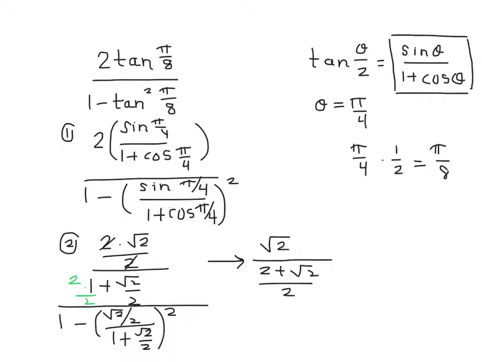There's my numerator, but I can take that a step further because I'm dividing by a fraction. It is the same as multiplying by the reciprocal. So this is root 2 times 2 over 2 plus root 2. So that, of course, is just 2 root 2 all over 2 plus root 2.